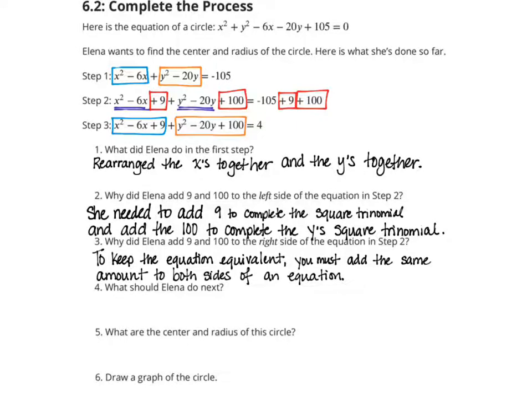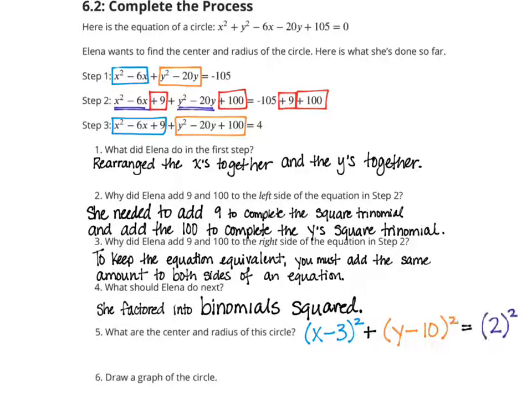What should she do next? She's now at this step here. What should she do next? Well, in this blue rectangle, I've got x squared minus 6x plus 9, a perfect square trinomial. So she could factor it. So if she factored into binomials squared, she would have the standard form of an equation of a circle.